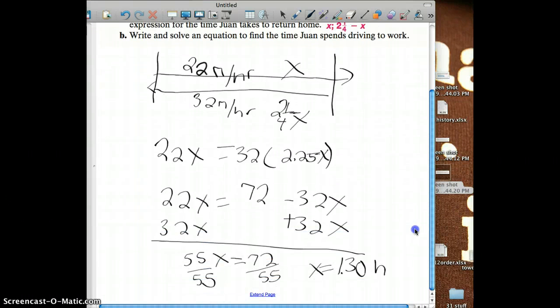And then that would be the time driving to work, which is what we left our x to be, which would be 1.30 hours.